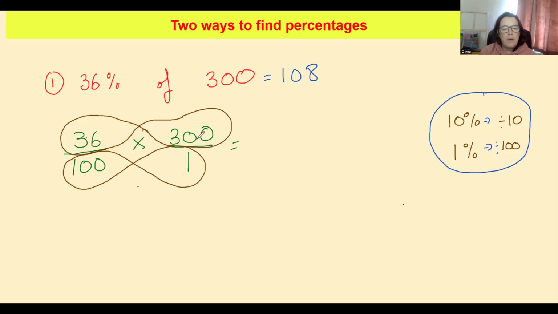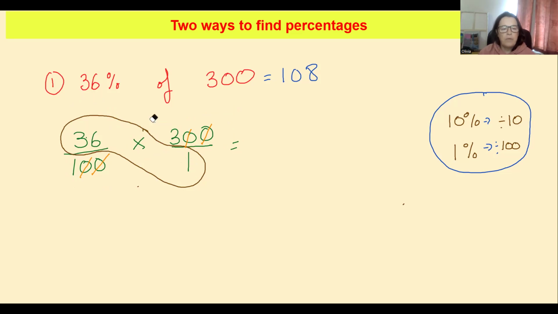I'm going to look at my 300 and go to the 100. Can I factorize these two? Can I simplify them? Yes, I can. 300 divided by 100 is 3. 100 divided by 100 is 1. Now I'm going to go to my other side. I've got 36 and 1. Well, I can't simplify that anymore.